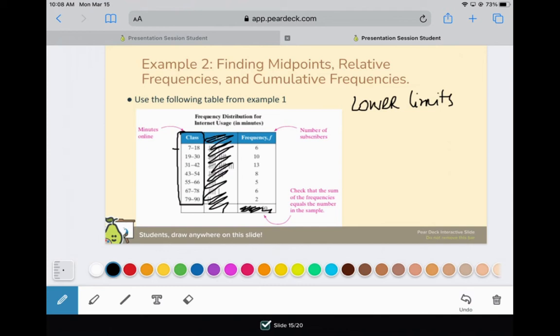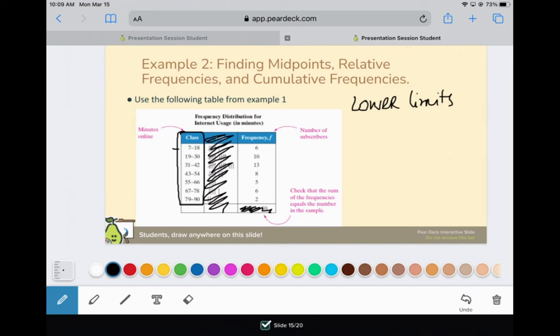I know some of you say 7 through 79. I know what you mean, but don't say through 79. I want you to actually list out those values, because when you say 7 through 79, I'm thinking 7, 8, 9, 10, 11, 12, which is not true.